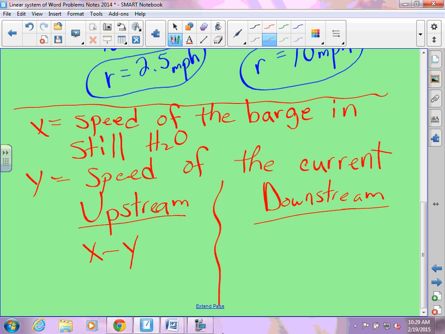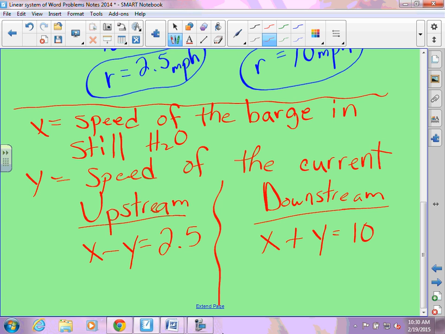And I got that from up above. See the 2.5 above? Okay, I had to find the rate. Downstream then is x. What does the current do? It pushes it, right? It helps it out. So rather than minus, I'm going to add. And that's going to give me what? 10. And I found that from up above. We okay? Make sense? Those are our two equations.